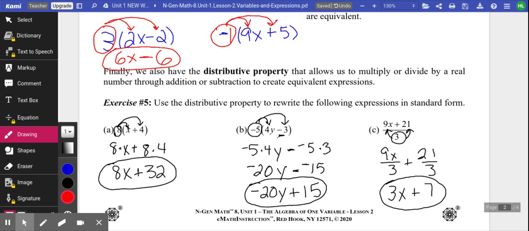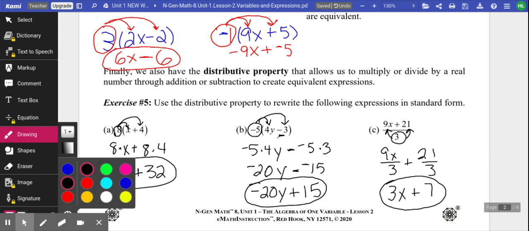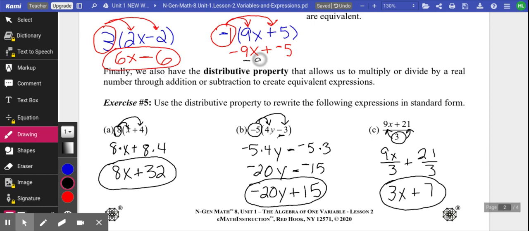So I'm going to do -1 times 9x, -9x, plus -1 times 5 is -5. I can keep that like that, but I can also do the fact that plus a negative is the same as subtraction. So I can also write -9x minus 5. And both of those are correct. -9x plus -5 or -9x minus 5 are both correct, but usually you'll see it written as subtraction.